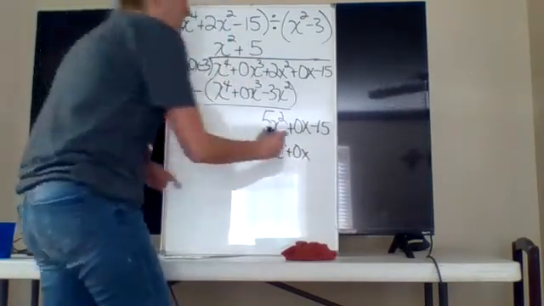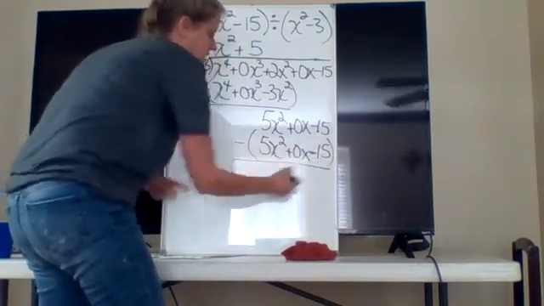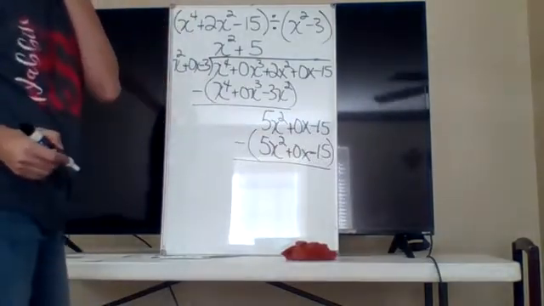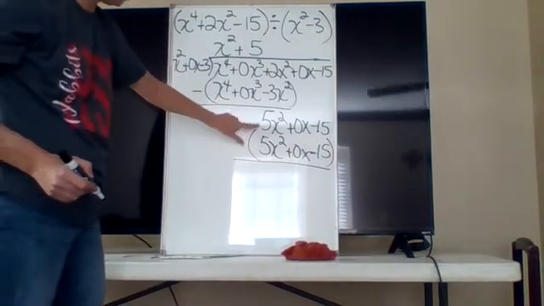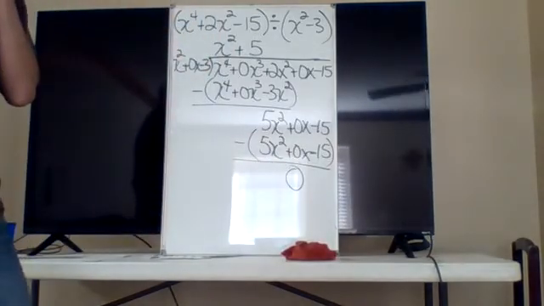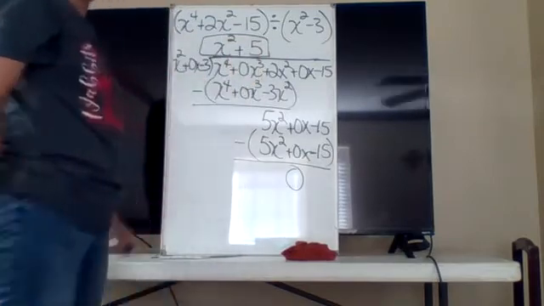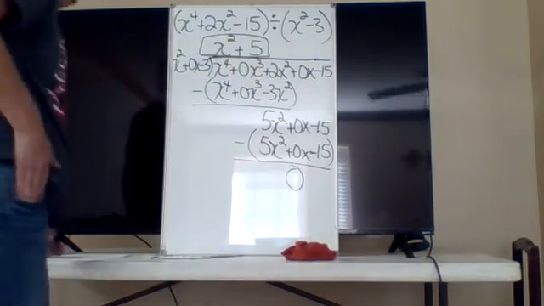And 5 times negative 3 is negative 15. And then look, since they're exactly the same again, what's here and what's here are the same exact thing. That means if you subtract them, there's not going to be a remainder. So there is no remainder. So your answer is x squared plus 5.